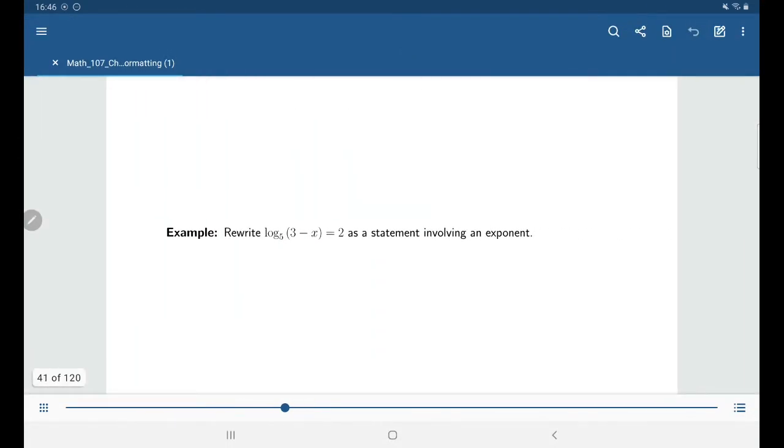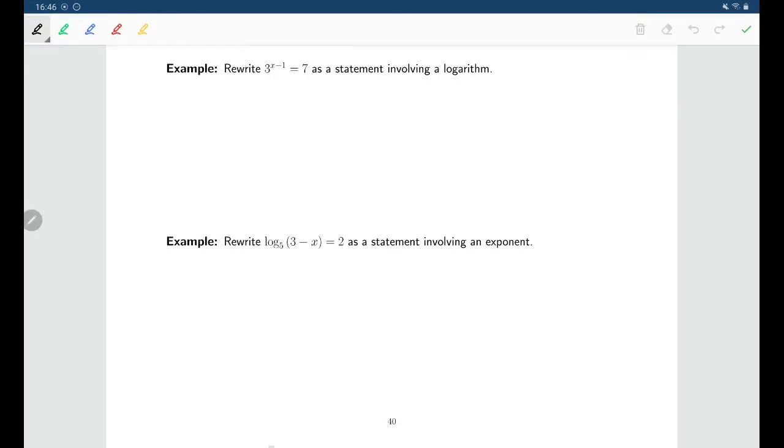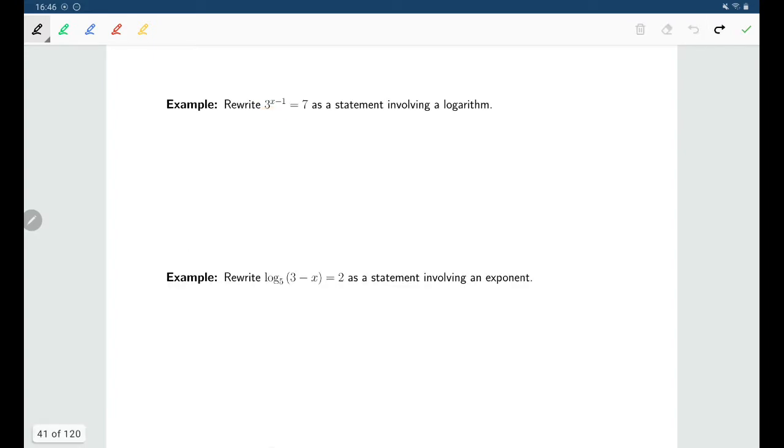Now, let's take a look at this example. We've got the equation 3 to the power of x minus 1 is equal to 7, and we want to rewrite that as a statement involving a logarithm. Since this is 3 to the power of x minus 1, my base is 3, so as a logarithm, it would be a log with base 3.